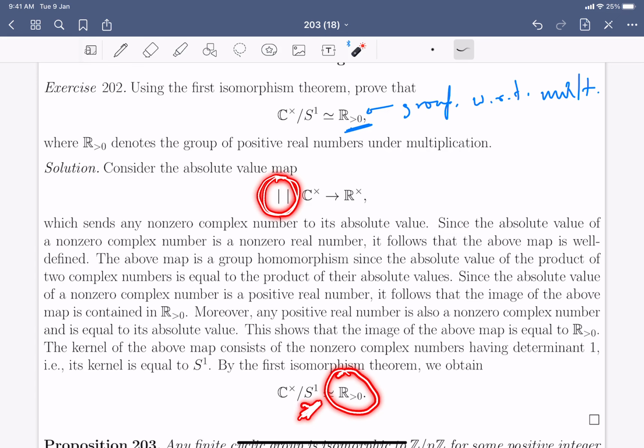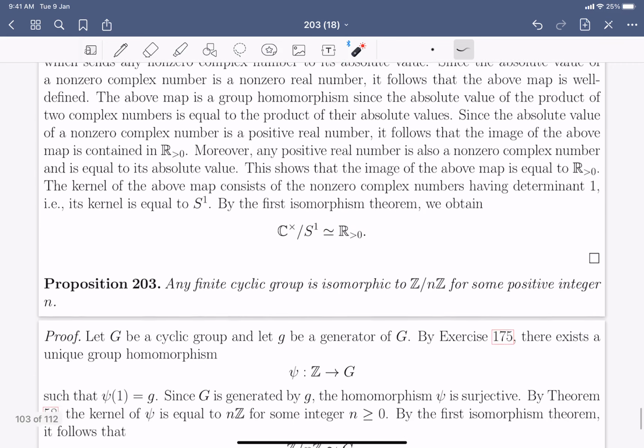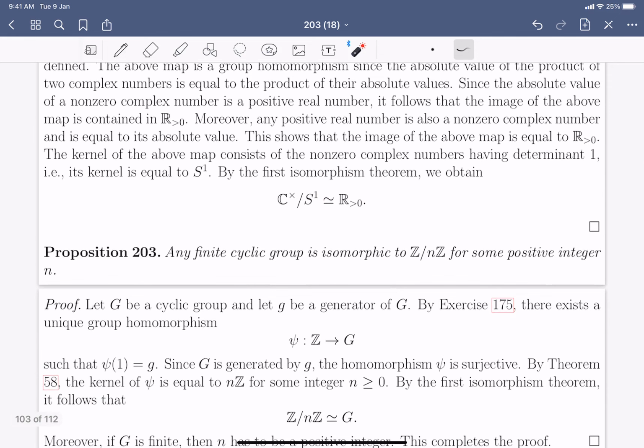It follows by the first isomorphism theorem that the domain, C cross modulo the kernel, which is S1, is isomorphic to the image of this homomorphism, which is R positive. Then we try to see something that you already knew. We'll do so by applying the first isomorphism theorem.